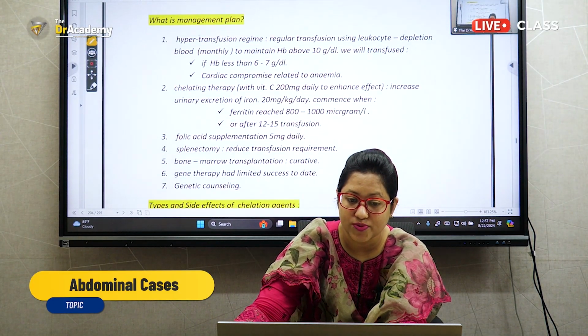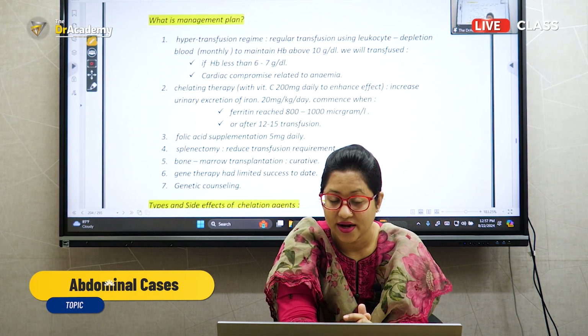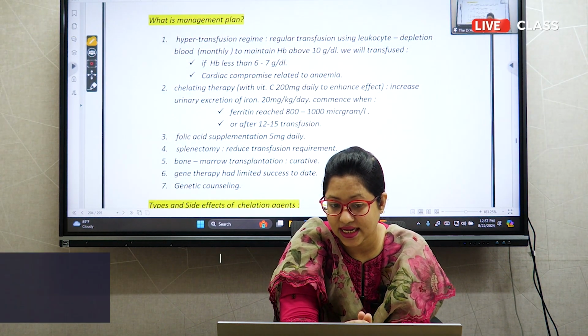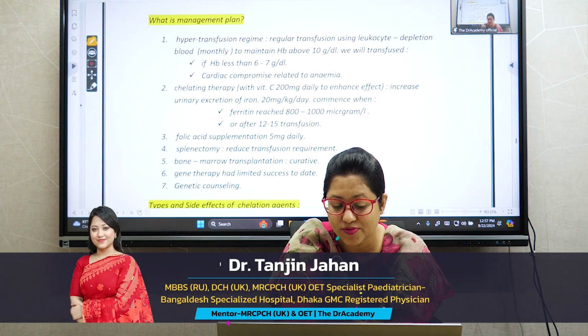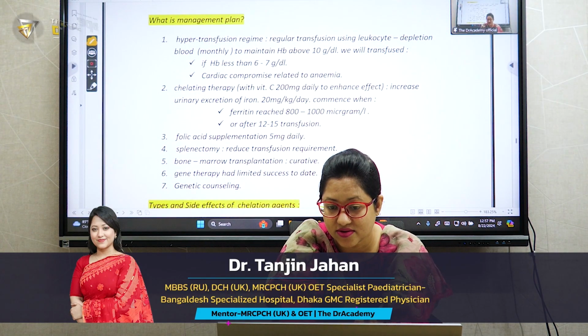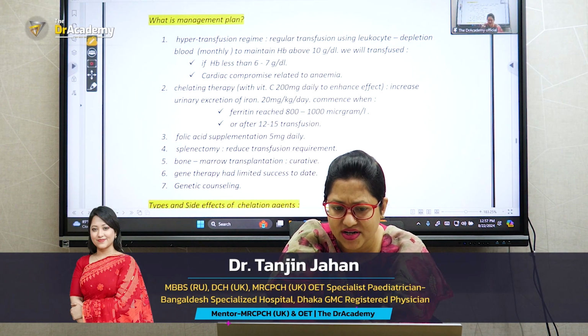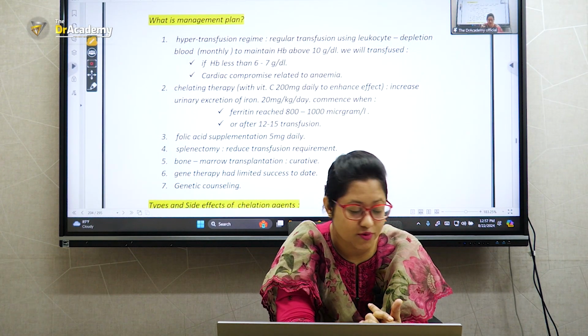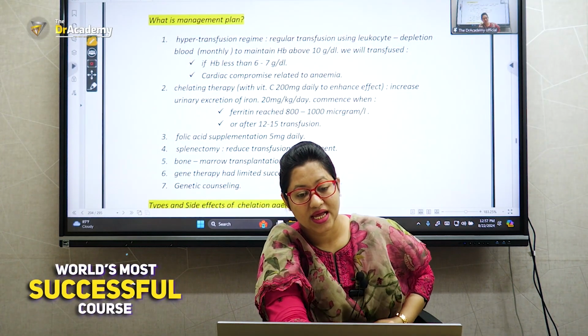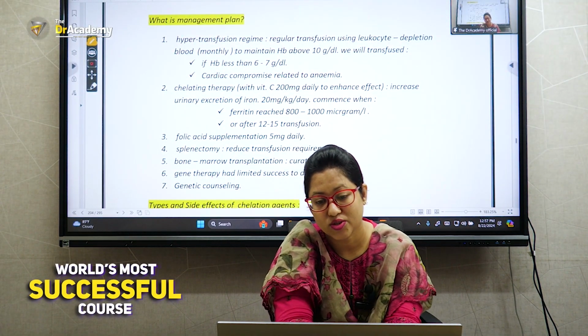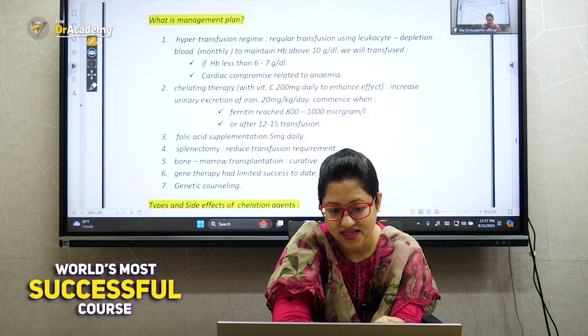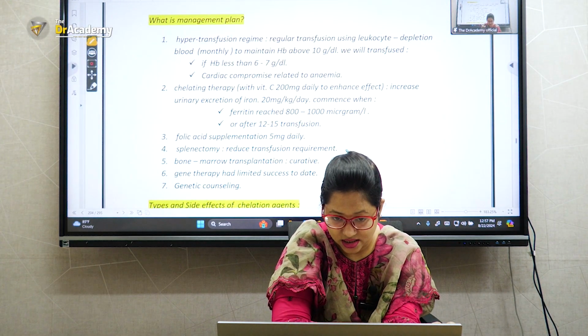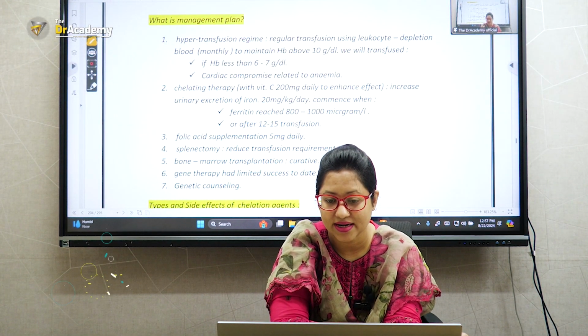Management plan. For the management, hypertransfusion regimen, regular blood transfusion using leukocyte-depleted blood monthly to maintain the hemoglobin above 10 gram per deciliter. We will transfuse if the hemoglobin is less than 6 or 7, or cardiac compromise related to anemia. Chelating therapy with vitamin C 20 mg daily to enhance the effect. Increase urinary excretion of iron more than 20 mg per kg per day.